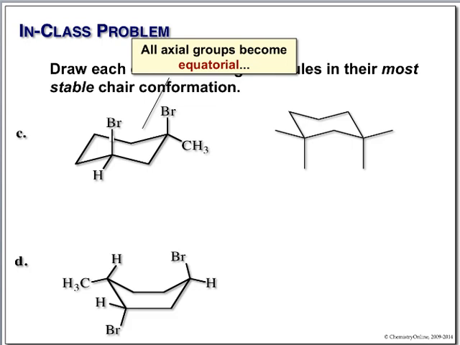On each of these carbons, we have an axial bromine, they will be equatorial. This one, the equatorial methyl, will now be axial. We make both of these guys equatorial, forcing the methyl axial.